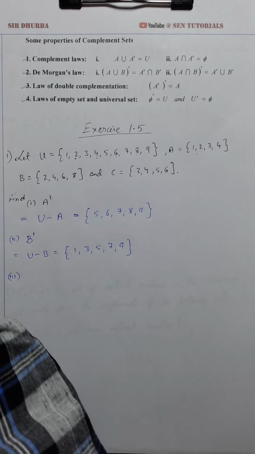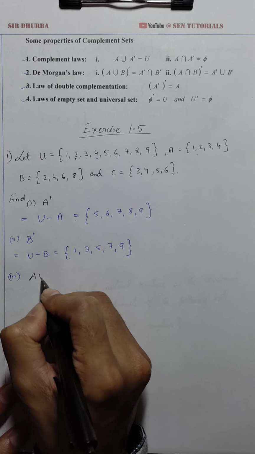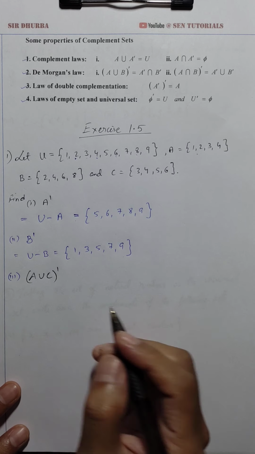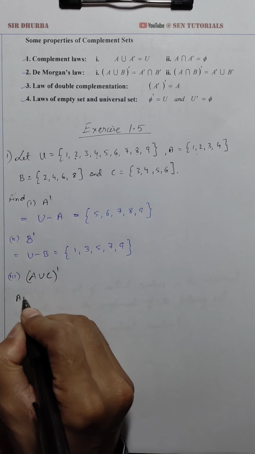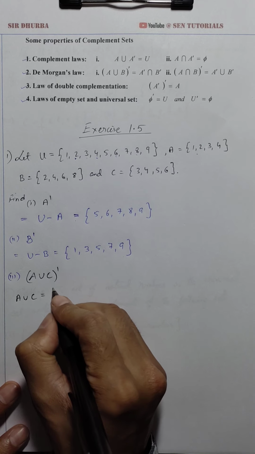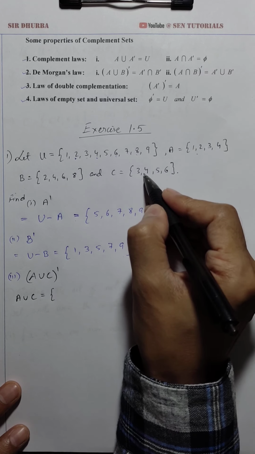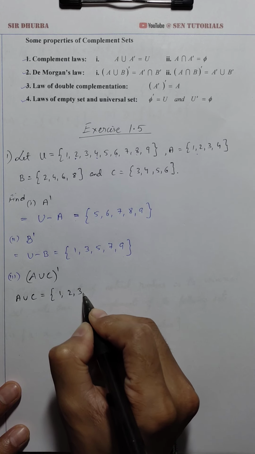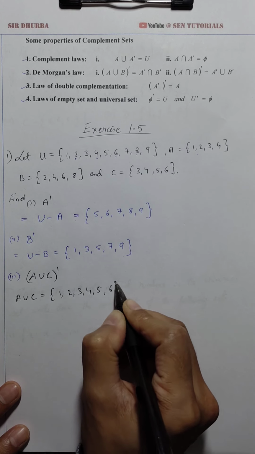Question number 3. The third one they are asking is A union C, its complement. For that, let's first find out A union C. Let's do it systematically. A and C, if we combine, will be 1 2 3 4 5 6.